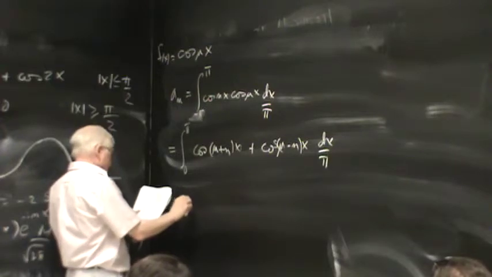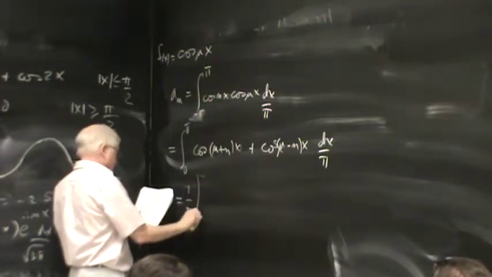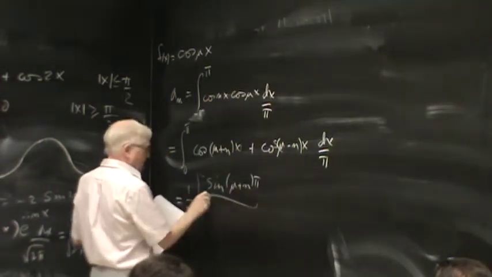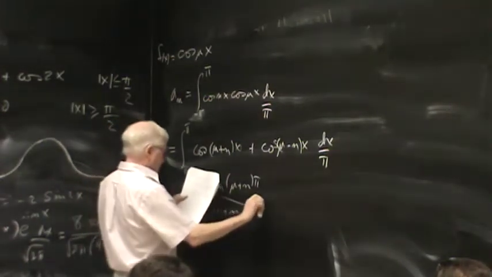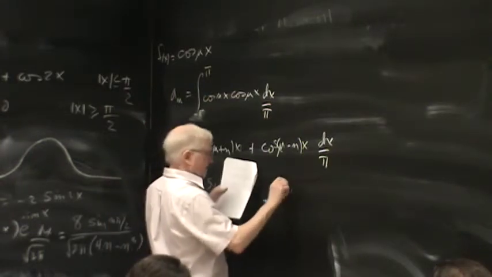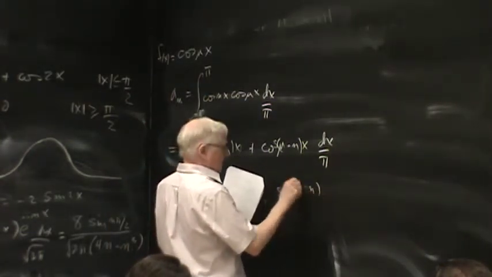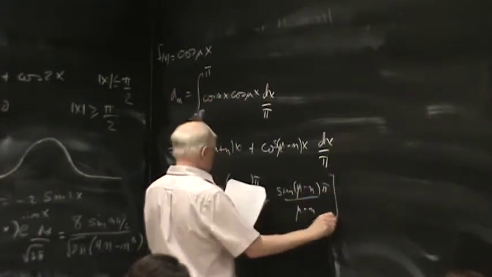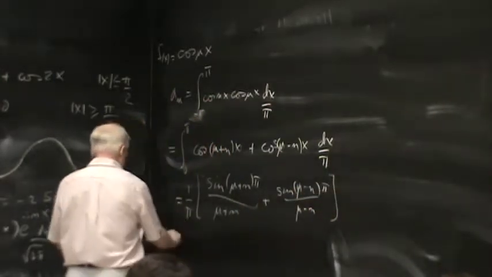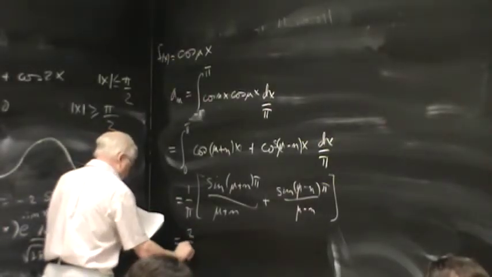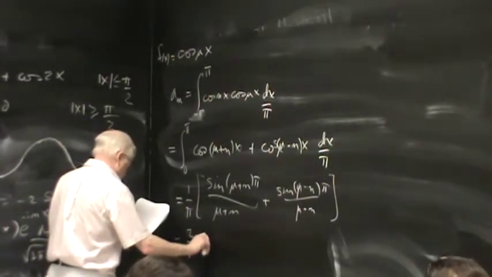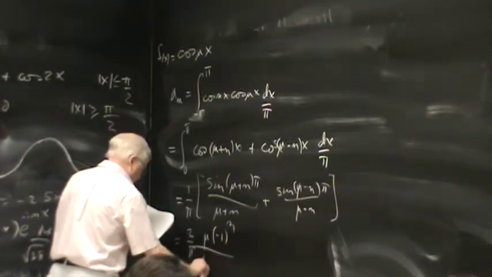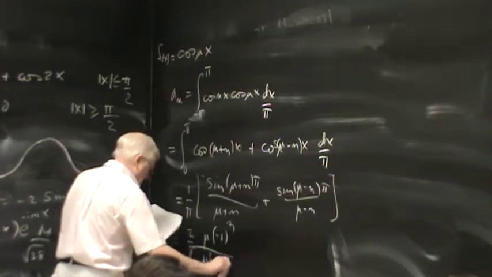Well, the integrations are very easy. We just get 1 over pi, sine of (mu plus n)pi over (mu plus n), plus sine of (mu minus n)pi over (mu minus n), and altogether that is 2 over pi, mu, minus 1 to the n, over mu squared minus n squared.